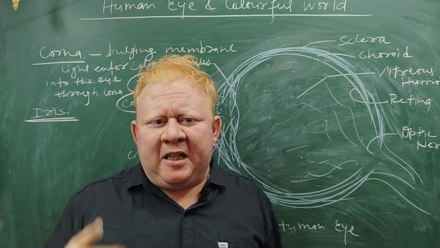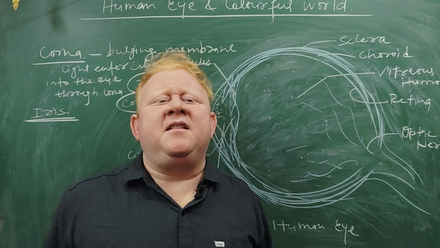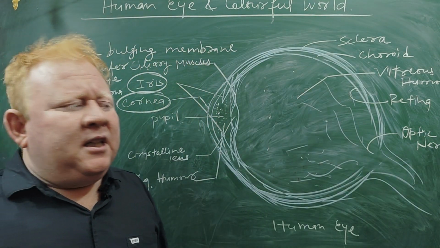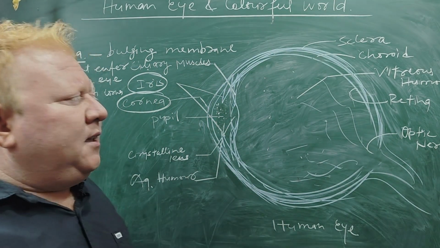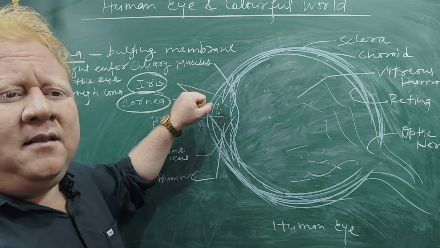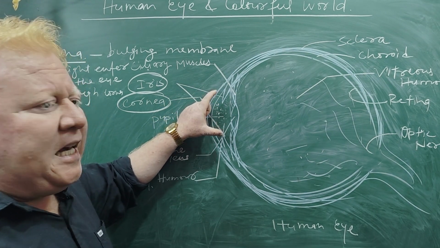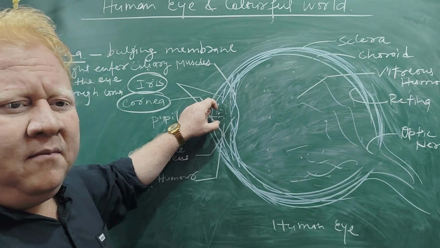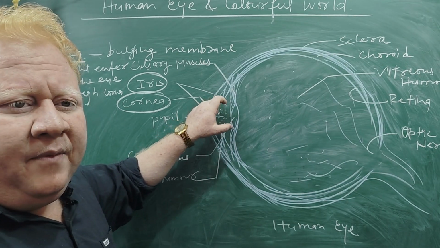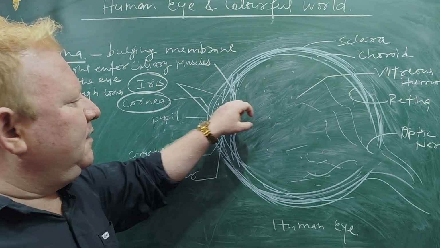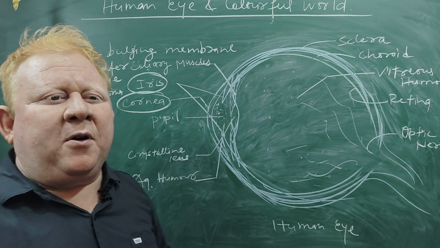You might have experienced this, right? Why does this happen? In white light, our iris contracts, because of this the size of the pupil becomes small, and that's why we feel the problem.